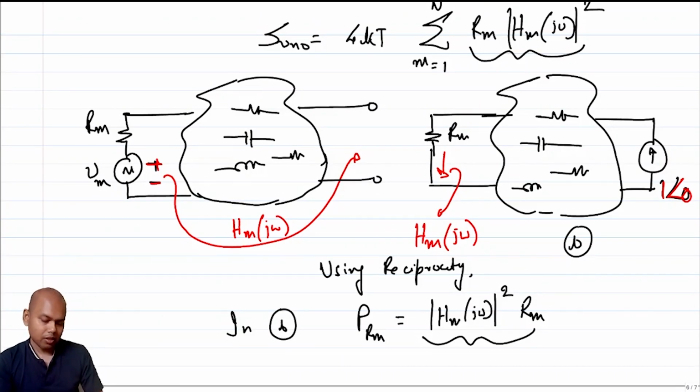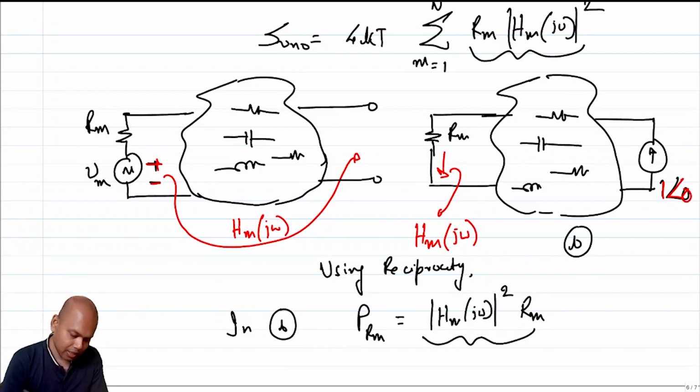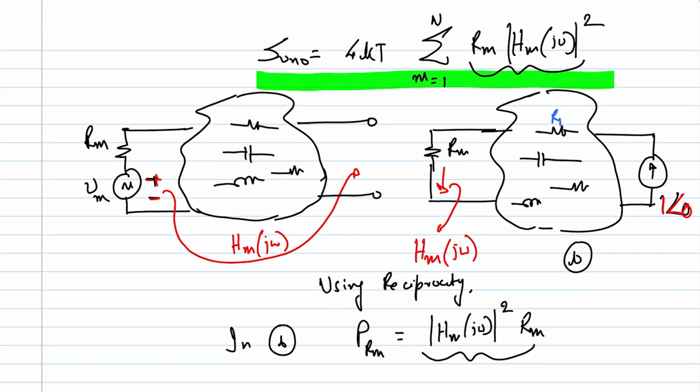So now, let's say this is R1. What will be the power consumption across R1? The power consumption across R1 will be H1 squared, that is the transfer function from the current source to R1, times R1, right?